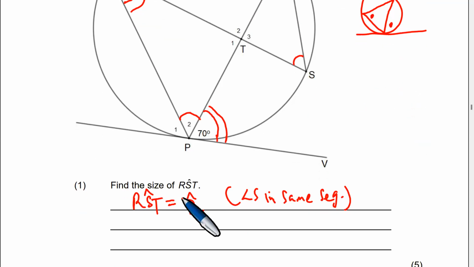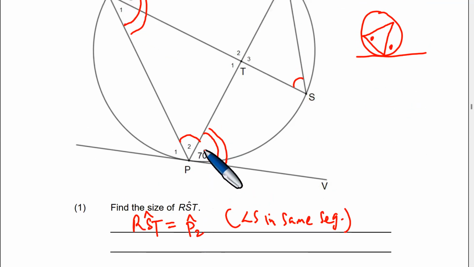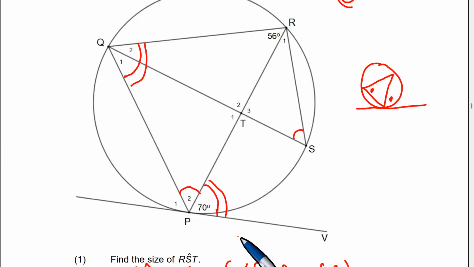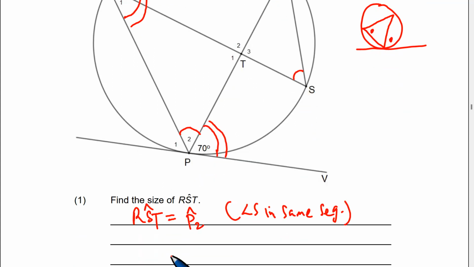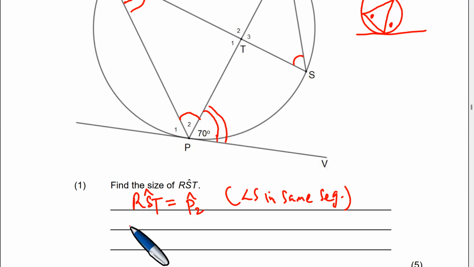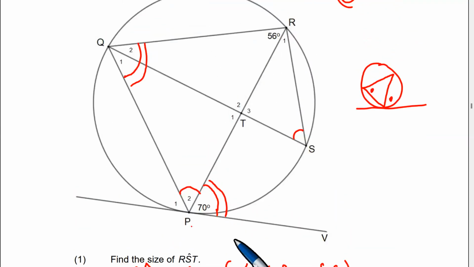So we need to say this angle. How do you name it? Given the naming, this is P1, this is P2, but you can call it VPR. So we say angle VPR. Angle VPR is equal to this angle here, Q2, Q1.